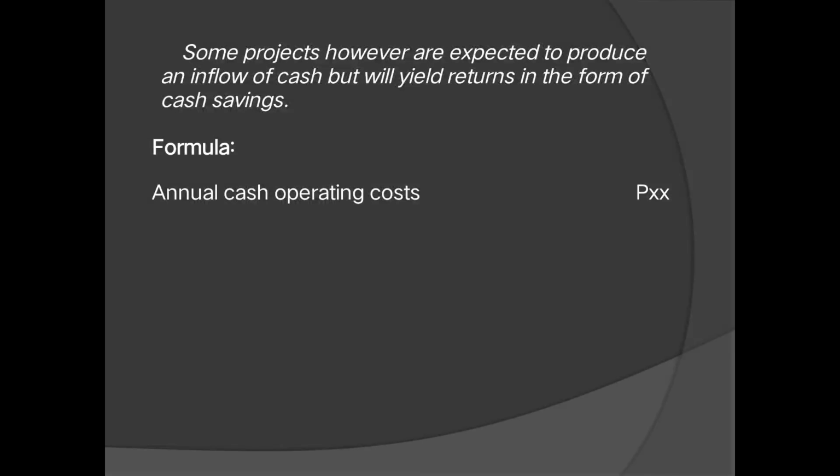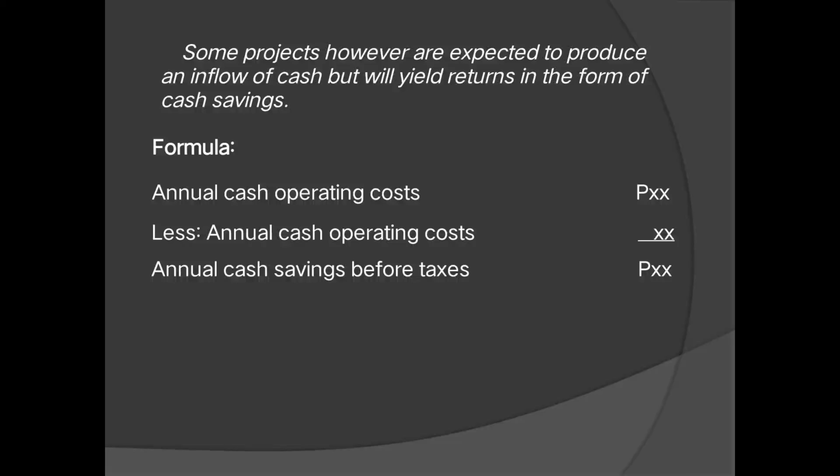Annual cash operating cost if the old asset or old method is used, less the annual cash operating cost if the new asset is used, then makukuha na natin yung annual cash savings before taxes. So, nilas natin yung paggamit ng new asset sa old one para makuha natin kung magkano ba yung cash savings.